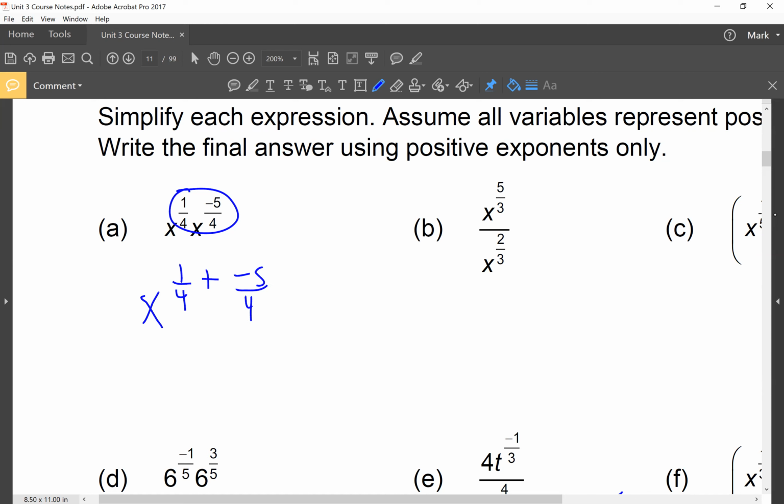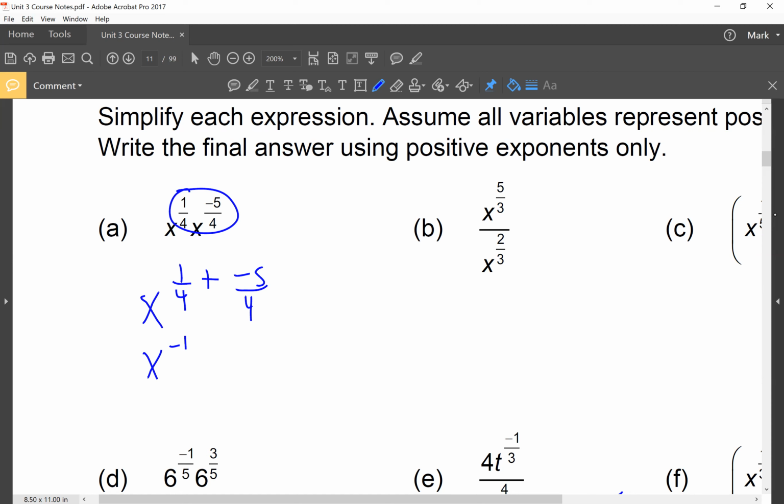You can do this on your calculators if you want. I'm going to take 1/4, and I'm going to add this to a negative 5/4. And you do that on your calculator, and what you'll get is -1.